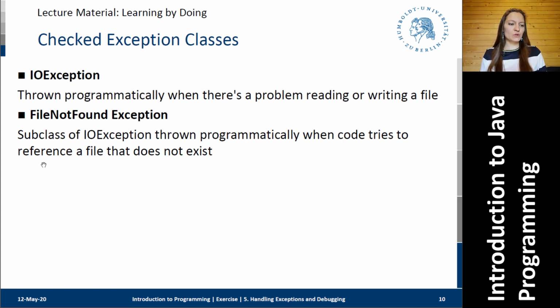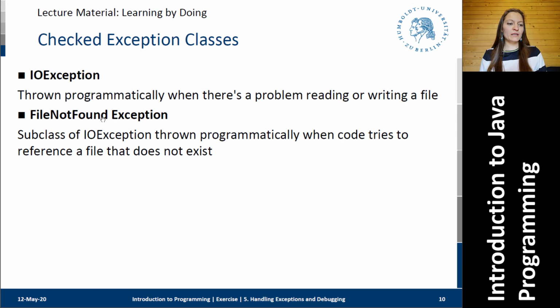There are two most popular types of checked exceptions that we can briefly go through, since we will handle those checked exceptions in more detail later. The first one is IOException, and this one is thrown programmatically when there is a problem with reading or writing a file.